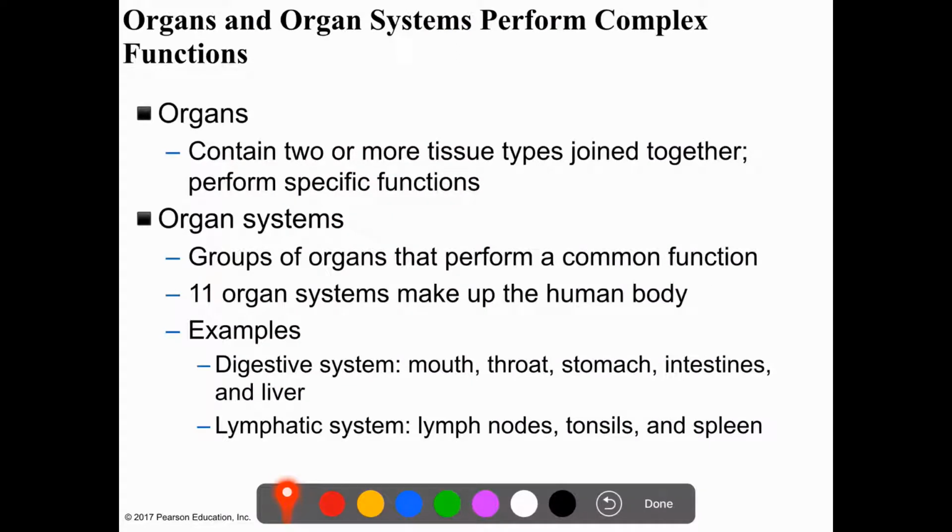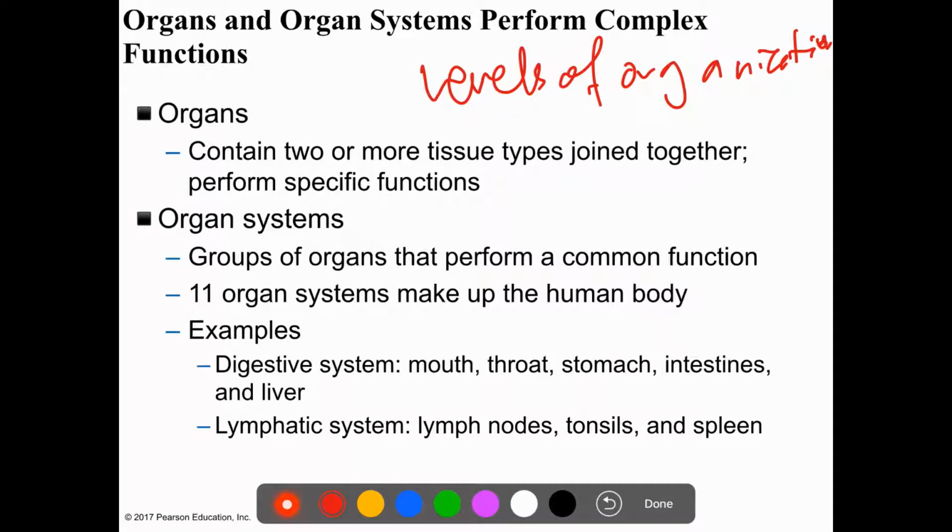Next, we saw part of this in the first chapter when we talked about the levels of organization. We talked about the chemical parts, the organelles, the cells, tissues. We talked now about the tissues.